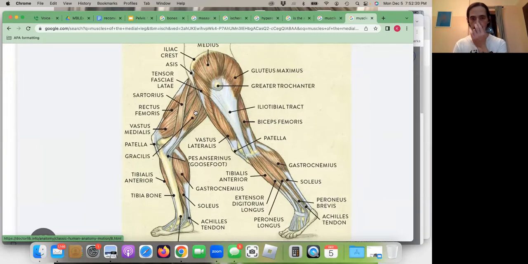Okay, so we were looking at the adductors now. I can't really see them here. All right, so over the adductors, you have this long snake-like muscle here.